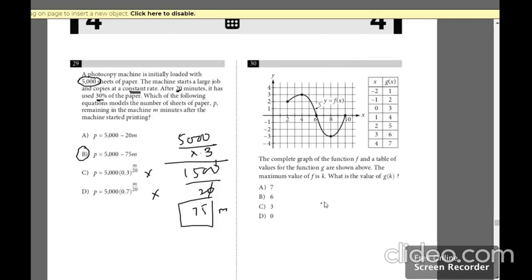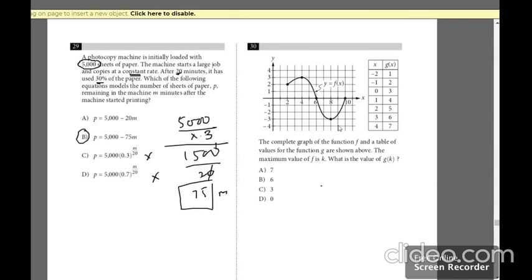Moving on to question number 30, we have the complete graph of the function f and table values of function g as shown. The maximum value of f is k. So this is the maximum and this is the minimum. The function reaches its maximum at 3.